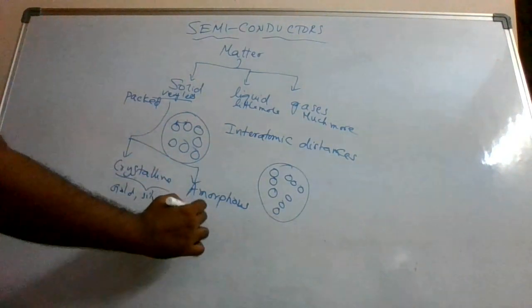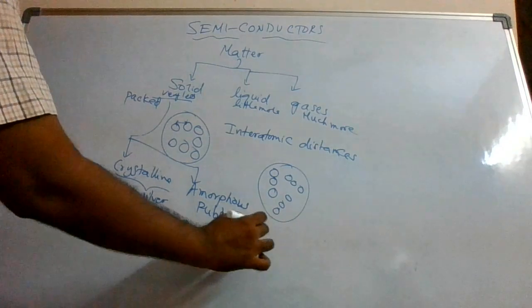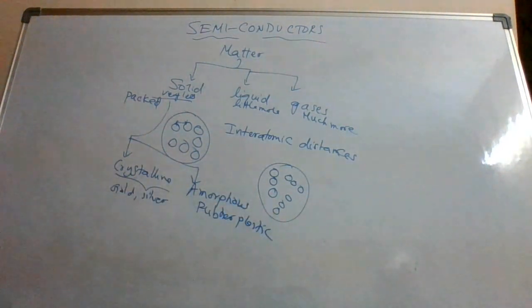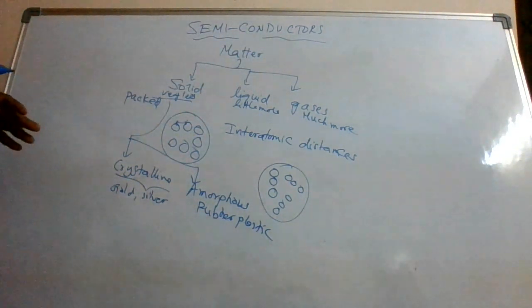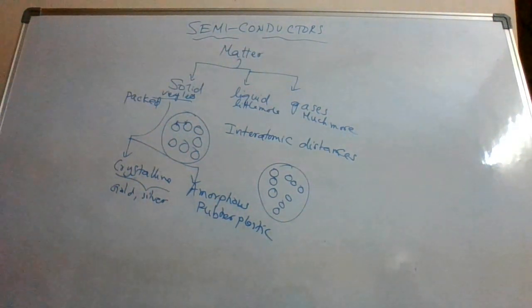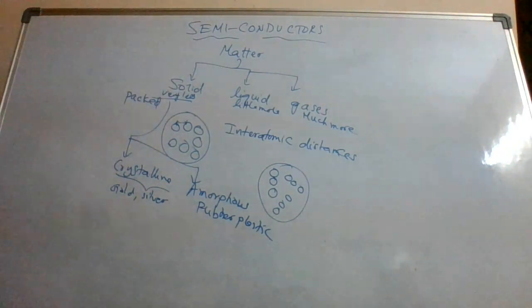Amorphous means rubber, plastic; they come under amorphous solids. But we have to study semiconductors. When I explain what semiconductors are, you will possibly understand why we are studying crystalline structure.